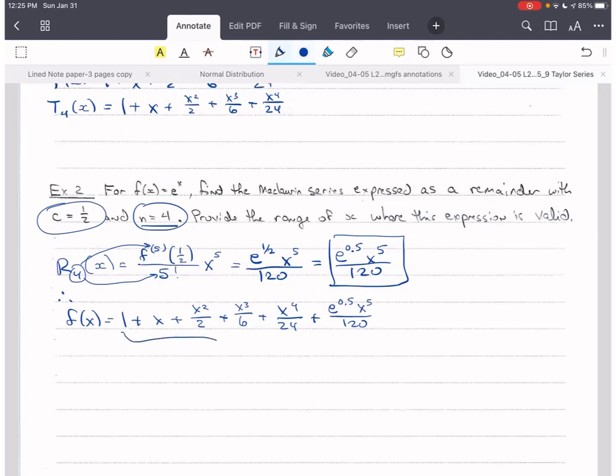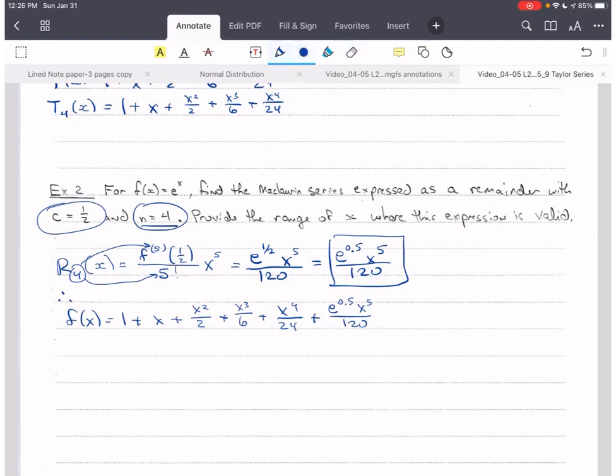This was T4 of x, and this is R4 of x. And so together they add up to f of x. All right, so this is f of x written with a remainder.